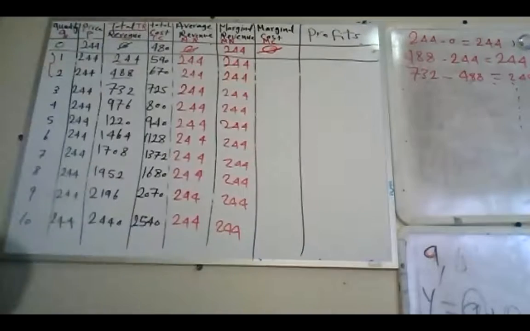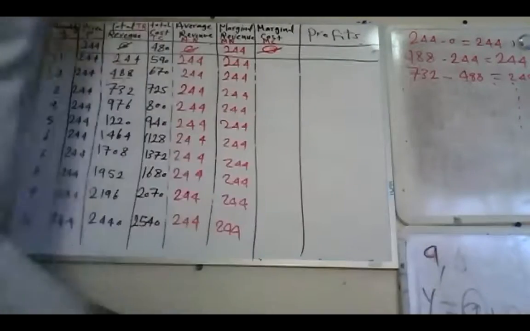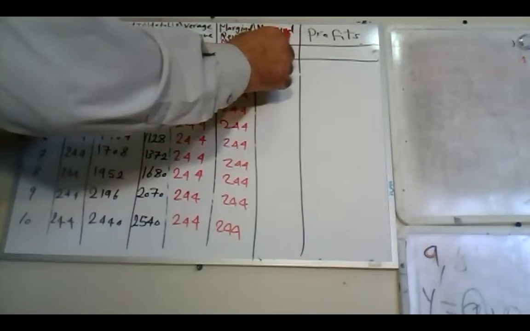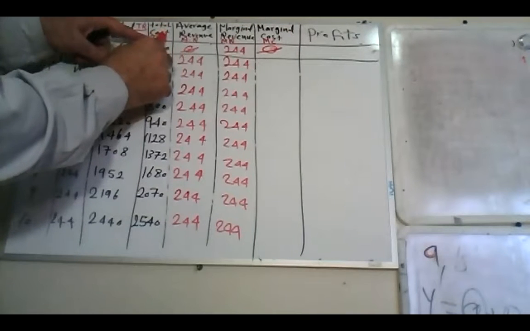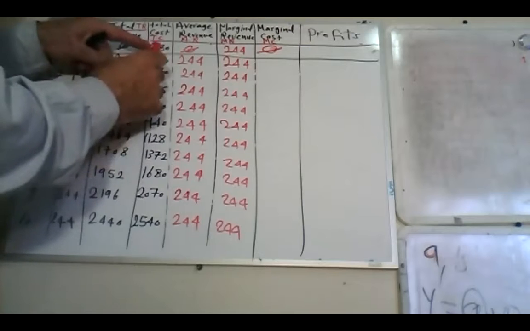Let's do the calculations. Here, we want the marginal cost, so we will work on the total cost. 590 minus 480 will give me 110.